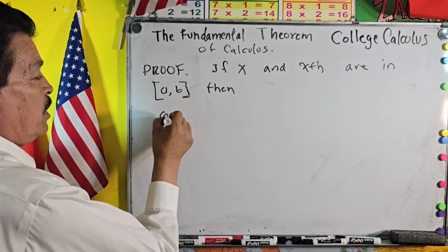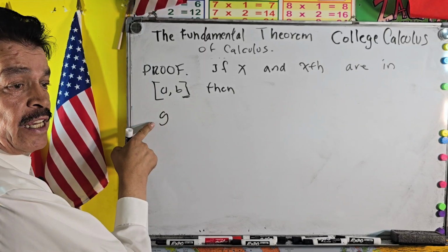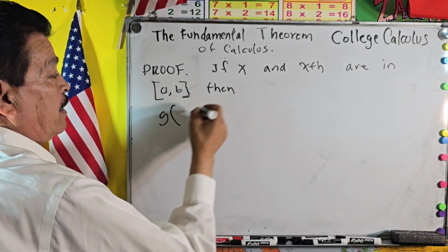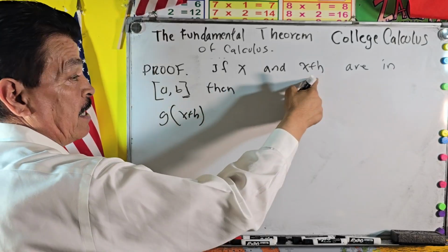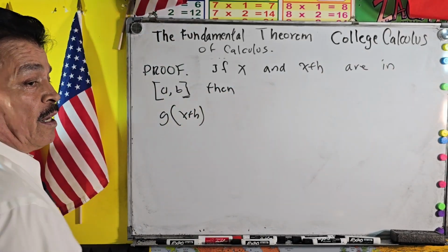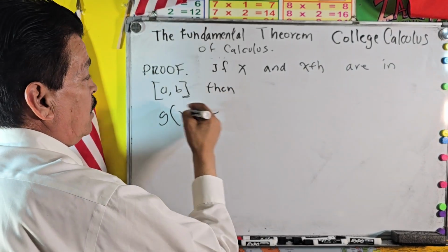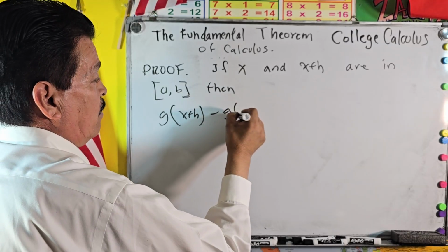We will have G of x plus h minus G of x.